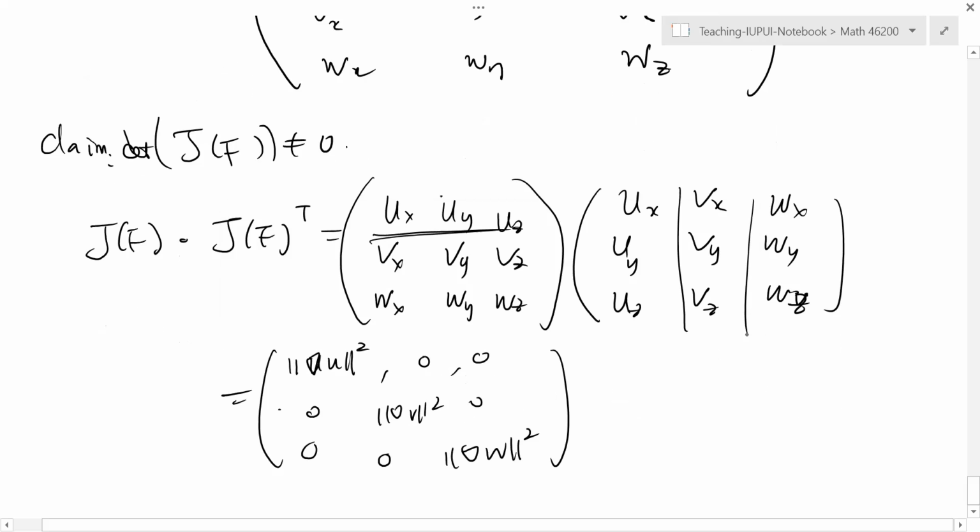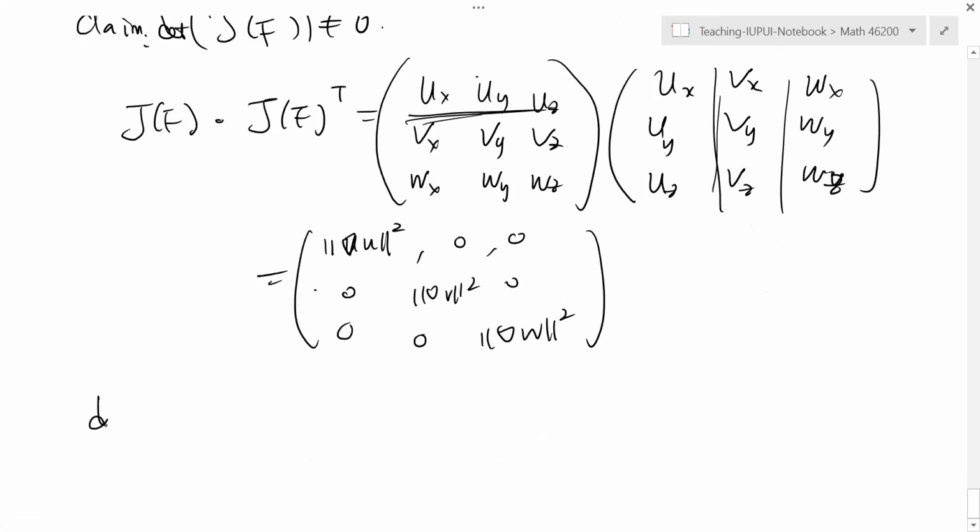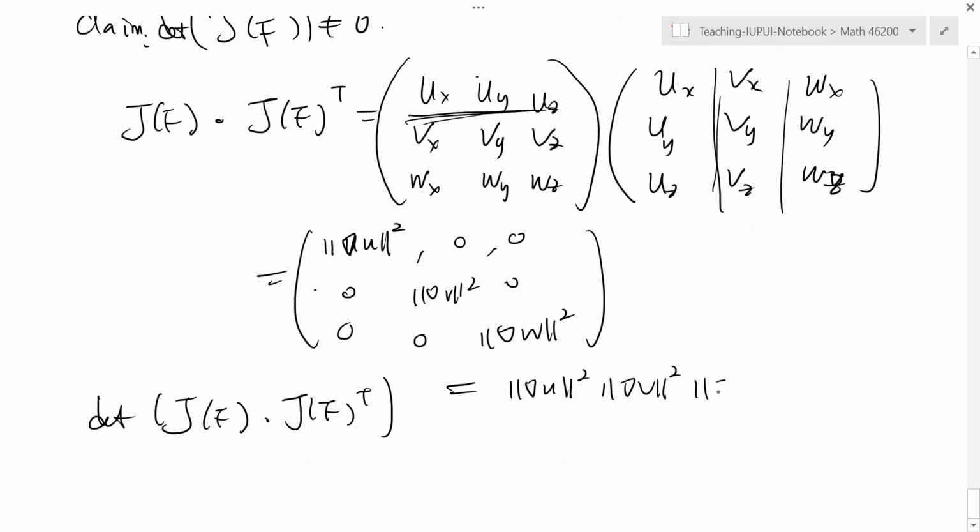The first row times the second column is 0. Only the first row times the first column gives you the square of the norm, the length of the gradient of u. So the determinant of GF is not going to be 0.